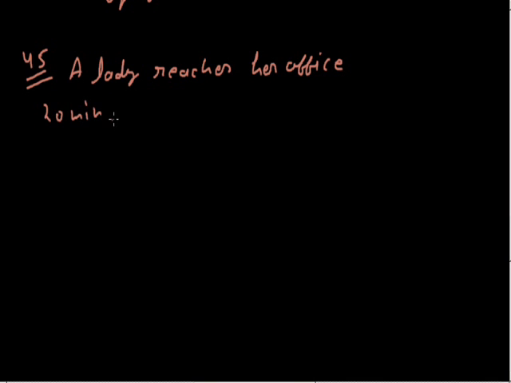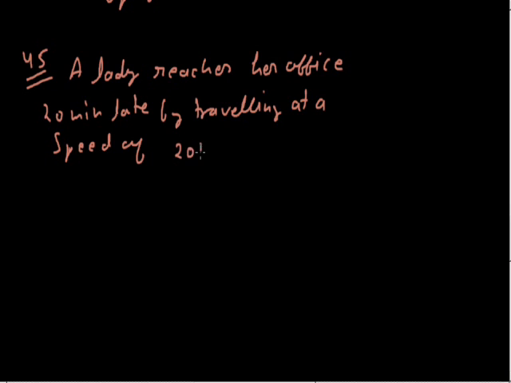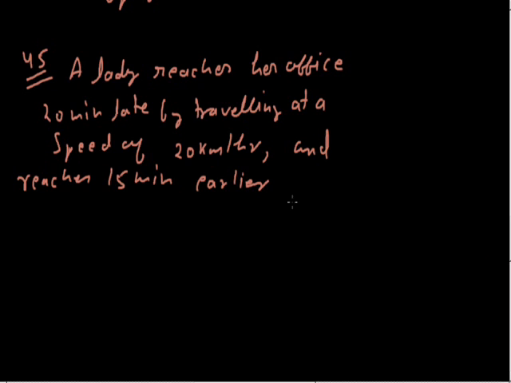It is given that a lady reaches her office 20 minutes late by traveling at a speed of 20 km per hour, and reaches 15 minutes earlier by traveling at 30 km per hour.